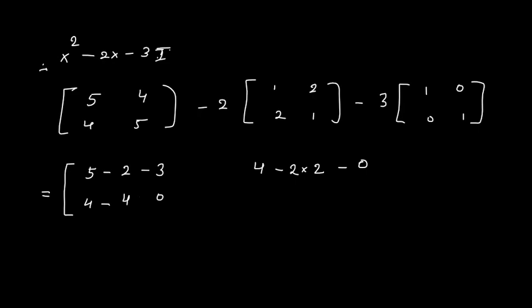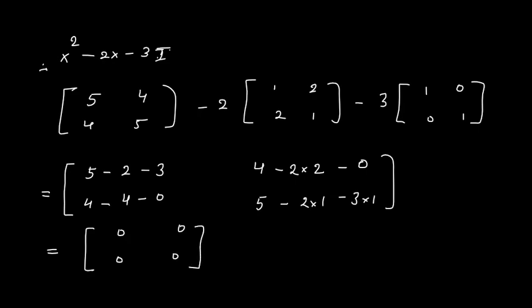And then the last term, it is 5 minus 2 into 1, and then minus 3 into 1. So this is equal to, now 5 minus 5 we get 0, 4 minus 4 we get 0, 4 minus 4 here also 0, and 5 minus 2 minus 3, so 5 minus 5, again this is 0. So this is the zero matrix.